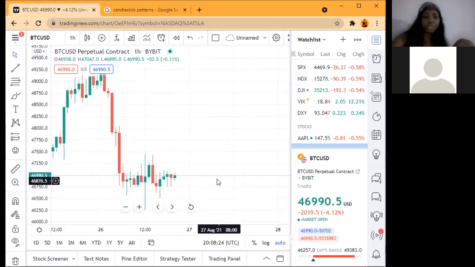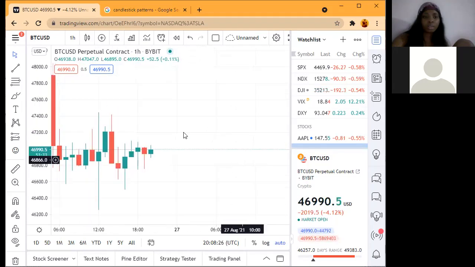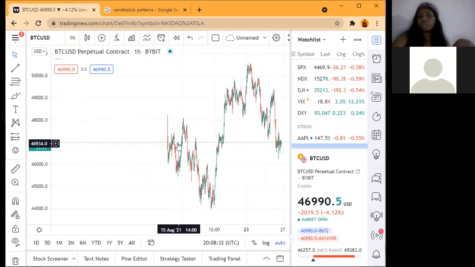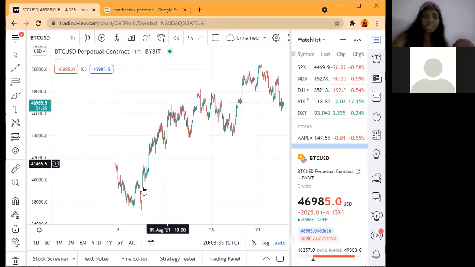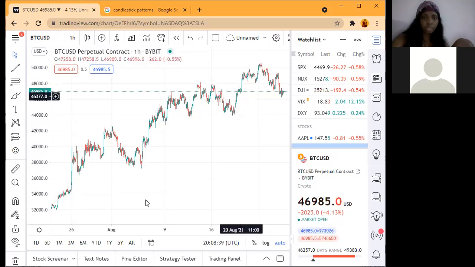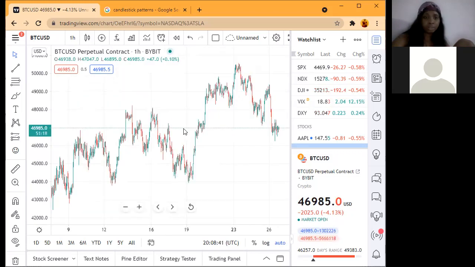I see a long wick, an indecision candle. So you need to learn market structure to understand the meaning of this graph, what is happening and all that.